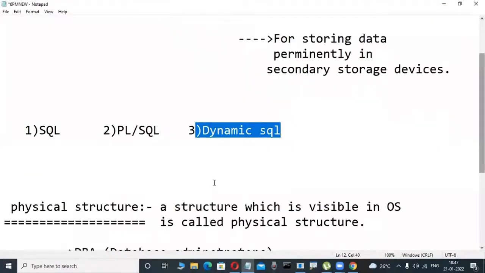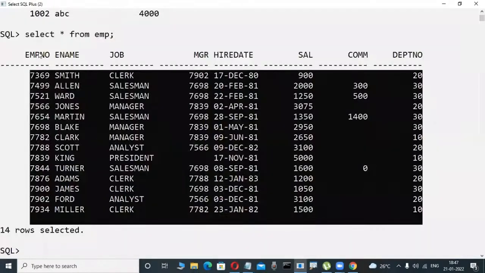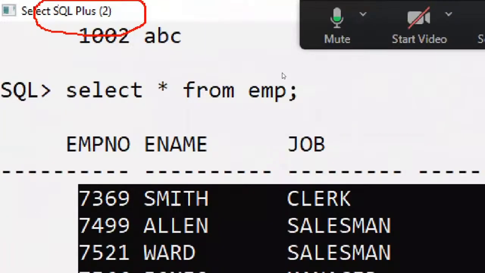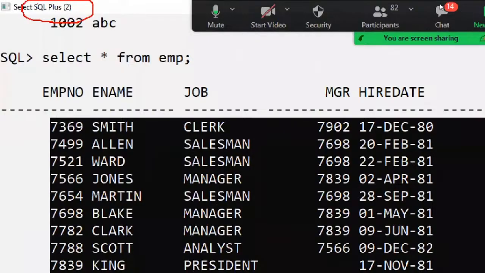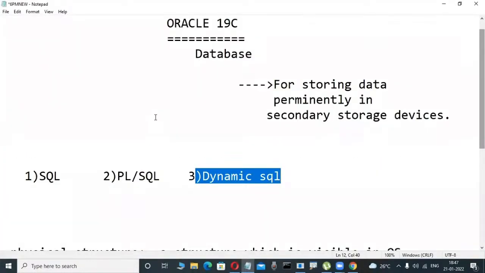But another thing is there in my system here: SQL*Plus. What is this? This is a tool, called a client tool. If you want to connect to the Oracle database, we use client tools. SQL*Plus is the default tool.